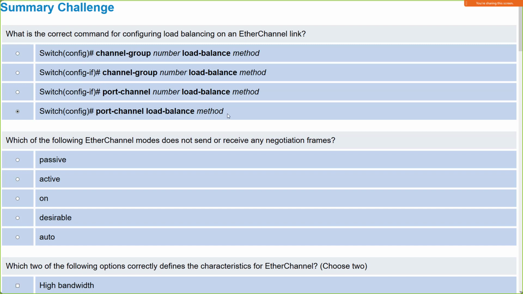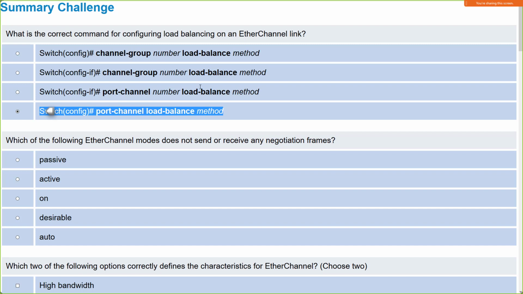But here's another good point about this. I have multiple ether channels on my switch. I cannot change the load balancing method per ether channel or port channel group. I can only choose one load balancing method on the switch, so that's going to apply to all of my ether channels.